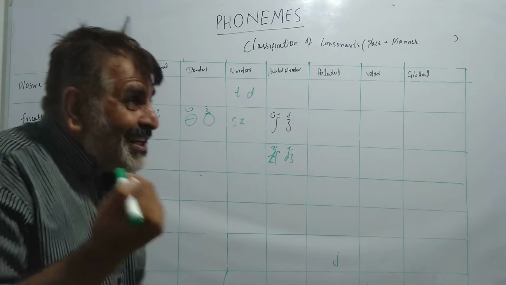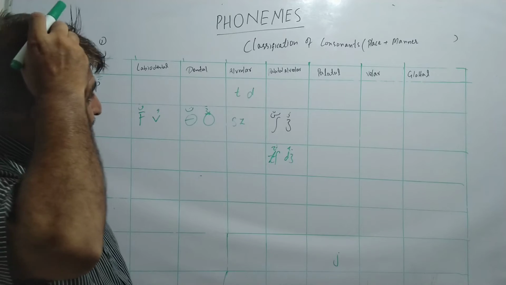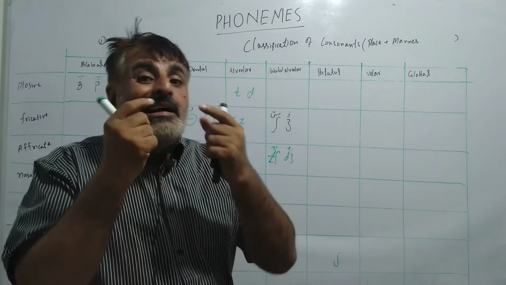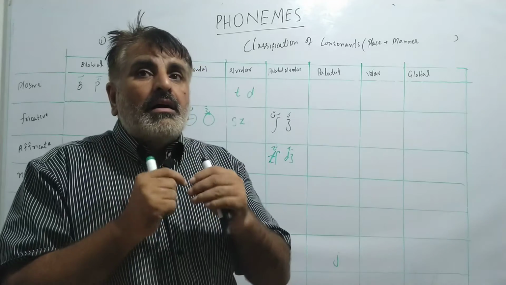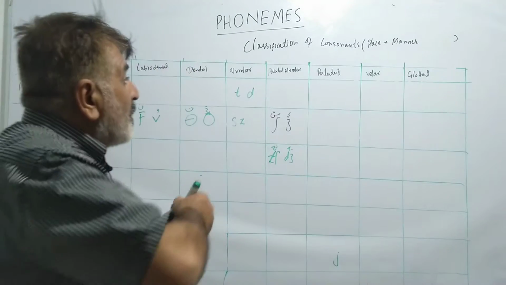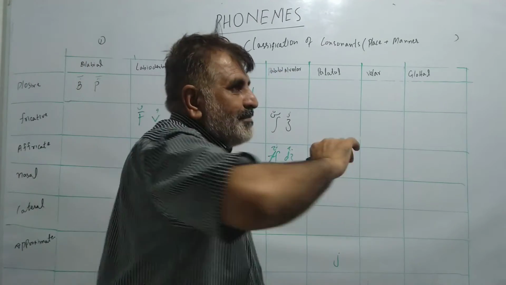The next one is velar, which is important. Ka, ga. So here we have velar.